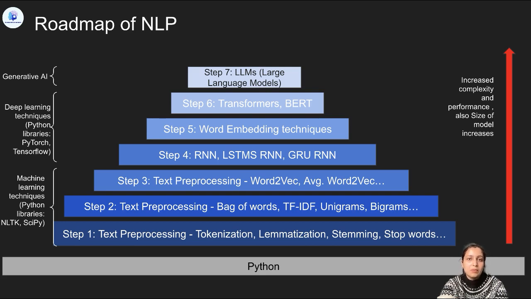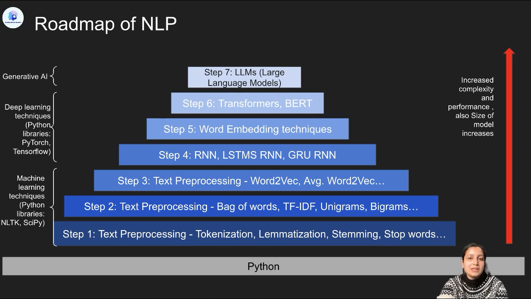The simple text preprocessing techniques start with the fundamental ones, such as tokenization, which involves breaking the paragraph into sentences, sentences into words, and so on. Lemmatization, stemming, stop words. This is a very high-level roadmap, so it doesn't list out all the techniques. When I delve deeper into it, I will be touching more of the techniques.